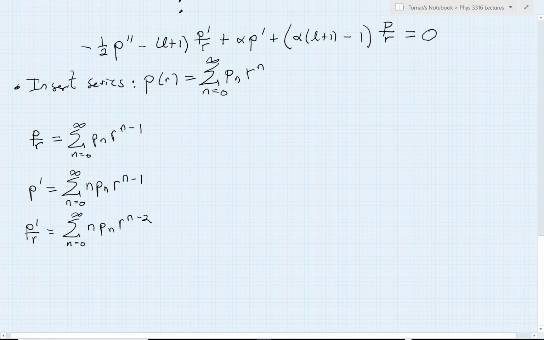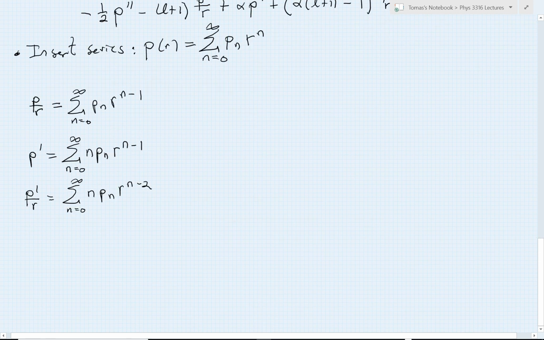Next and final, I need the second derivative of P, so P double prime has to equal the sum, n goes from 0 to infinity. I'm taking the derivative of P prime, so when I take the derivative I have these factors, but another factor, n minus 1, comes down, multiplying what I had, and then R, of course, has 1 fewer power in the series.